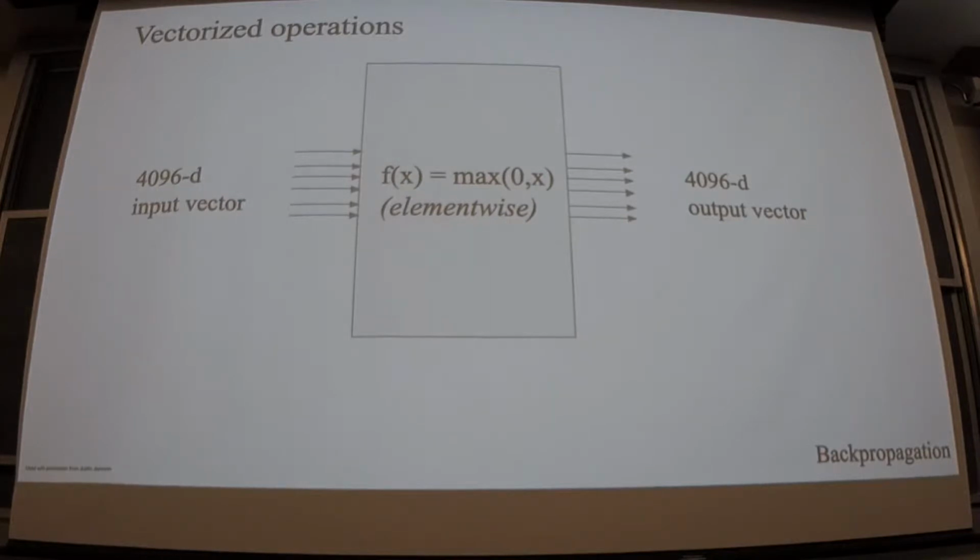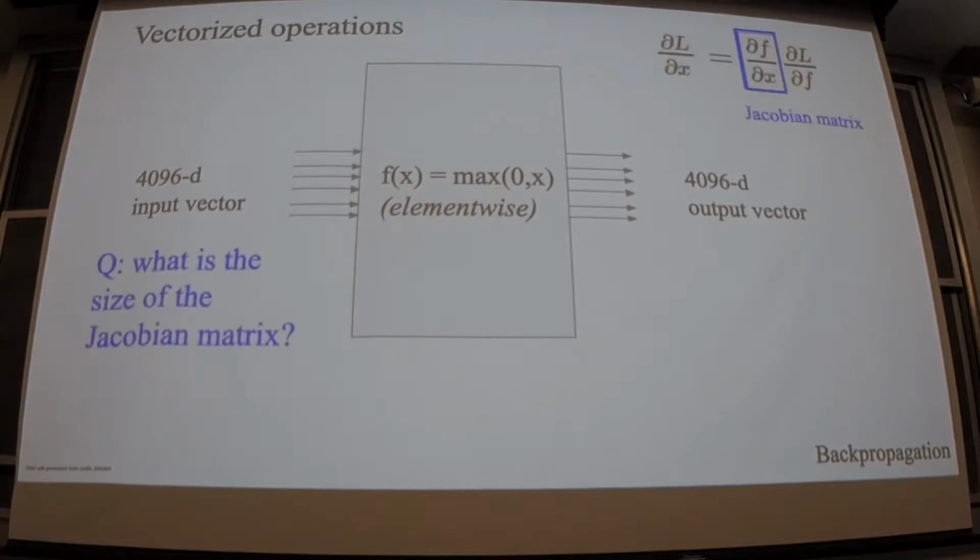And let's say that you were going to apply a max to that, element-wise, and so the output is again 4,096. If I now compute the partial derivative of the output with respect to the input, what do I have? I get a matrix of what size? 4,096. Yep, 4,096 by 4,096.